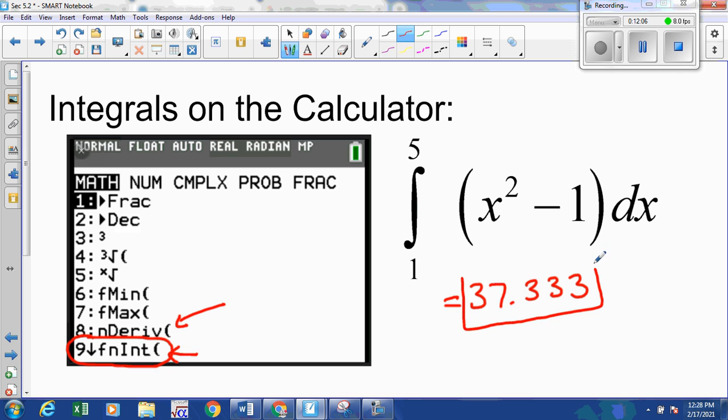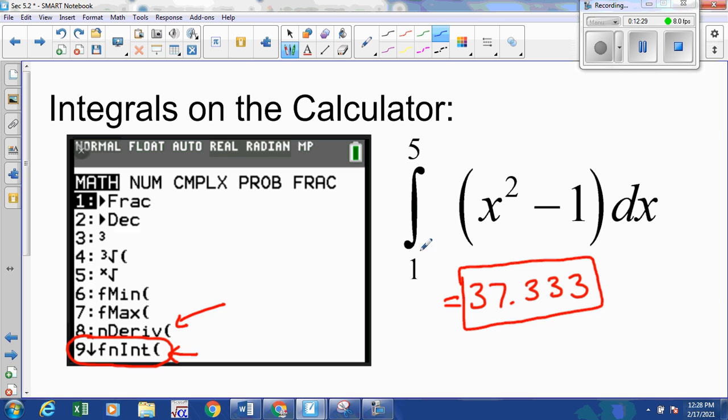This is the calculator's way of doing an integral numerically. The calculator's basically doing the Riemann rule. Much more complicated, much more exact than our simple Riemann rule. It's a much better program, but that's basically what it's doing. Just like when we did the root button on your calculator, it was basically doing Newton's method. This is now doing the Riemann rule.